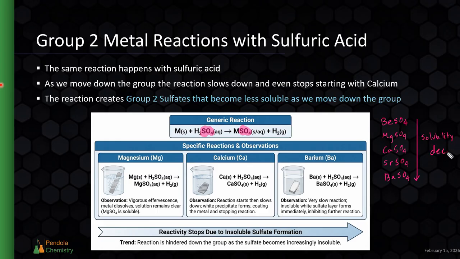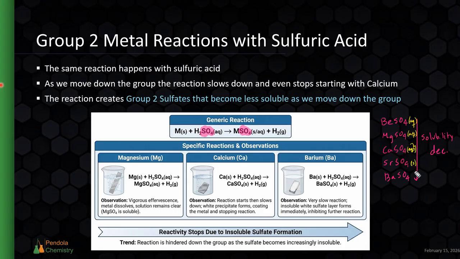So these get less and less soluble moving down the group, meaning that things like magnesium and beryllium sulfates are going to be aqueous. But calcium is going to start to be aqueous, but then quickly becomes solid as we have a higher concentration. So it quickly goes from being aqueous to solid because we say this is slightly soluble.